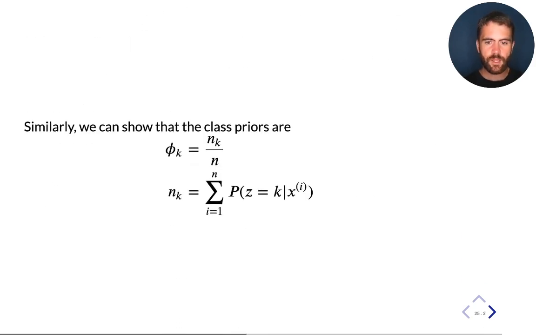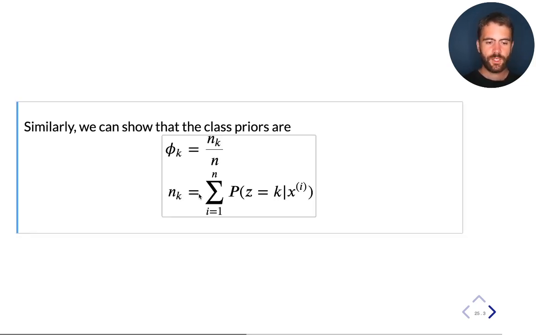And we can make the same argument for the remaining set of terms, the ones that involve the parameters phi k. The best estimate for the proportion of each class is the number of points that belong to that class. Here we have nk, the number of points that have been associated to that class, but because each point doesn't get associated in a hard way, it gets associated in a soft way, with an association strength given by this probability.